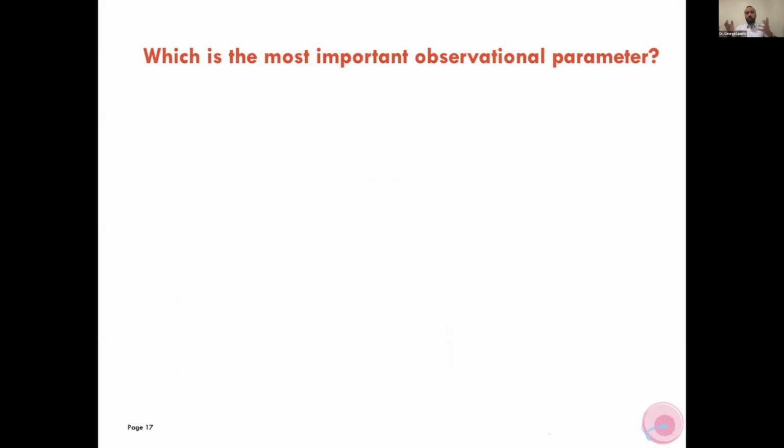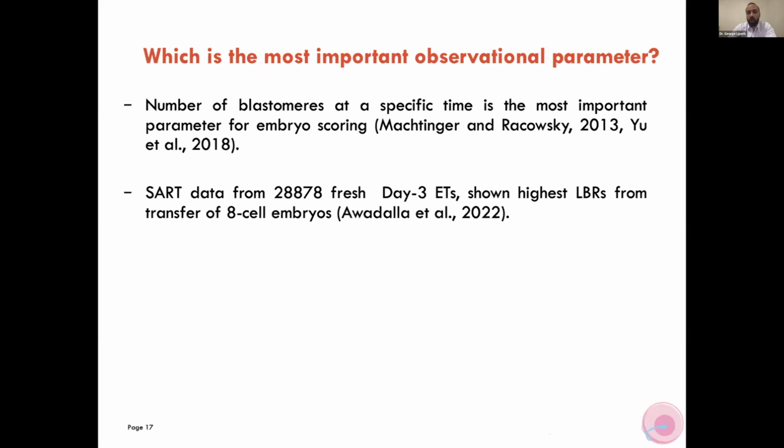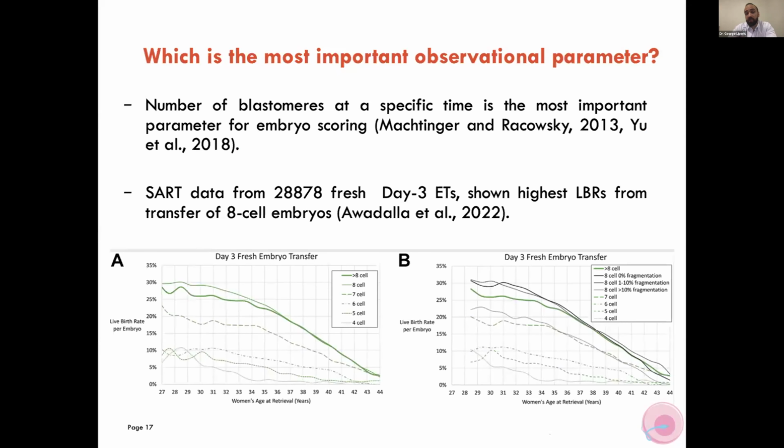But when it comes to all of these observational parameters, which is the most important one? A number of studies show that the number of blastomeres at a specific time is the most important parameter when it comes to embryo scoring. Also, from SART data from around 30,000 fresh day 3 embryo transfers, it has been shown that the highest live birth rates are derived when an 8-cell embryo is being transferred.